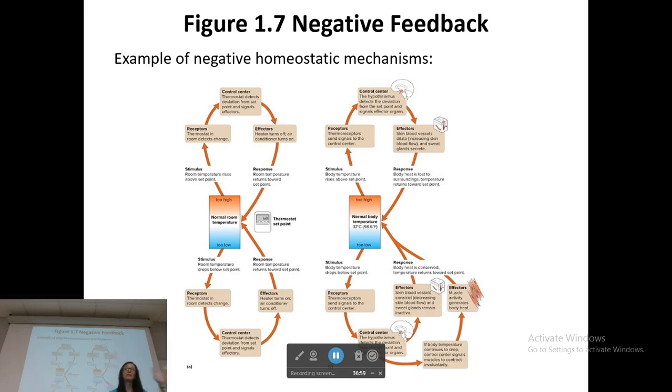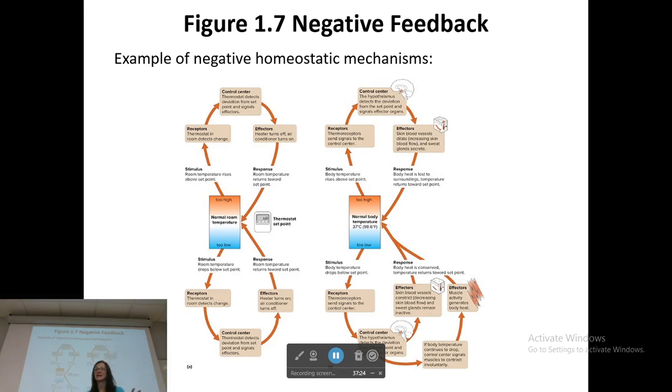We also have positive feedback, and we're only going to talk about 2 examples of positive feedback because they're very specific. But negative feedback brings the body back to normal, back to set point. Okay, so it's maintaining homeostasis by bringing the body back to set point.